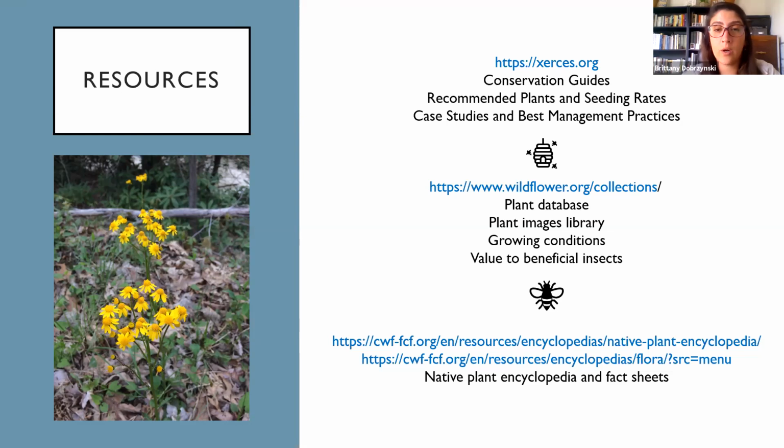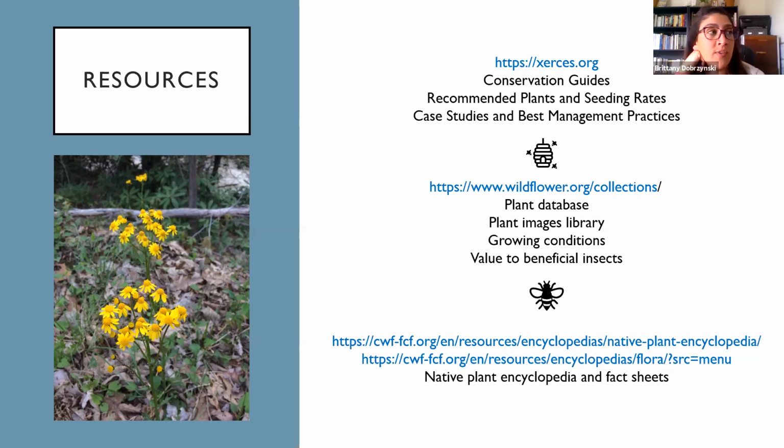Where I work, when we're working with a customer, we come up with the seed mix. Xerces is a big partner who has created a seeding spreadsheet where you can put in your species of interest, and it generates a list based off of how many seeds per square foot you want to see of that species, or seeds per pound.